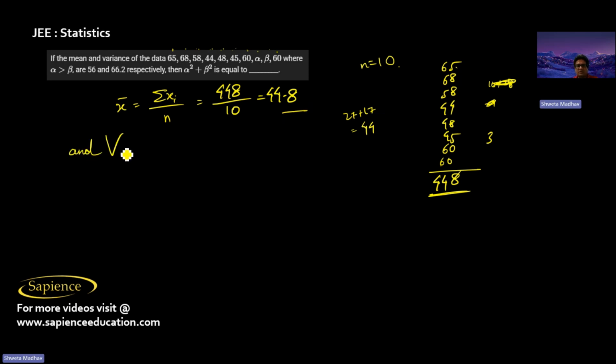The variance of x, that is equal to sigma x square. So this will be equal to summation xi square by n minus x bar square.